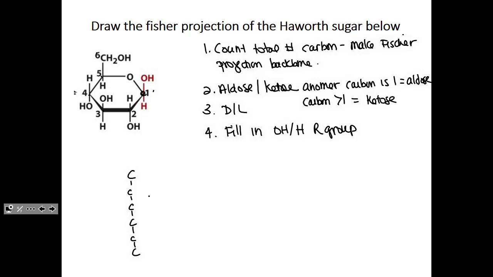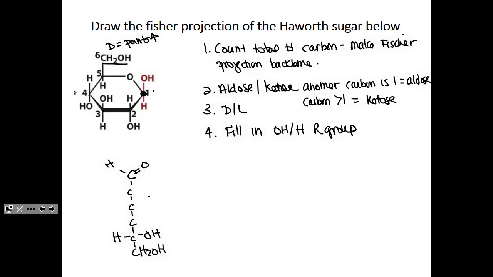So here, our anomeric carbon is located there, and so our anomeric carbon arose from an aldose. We know we have a D sugar because our CH2 group is pointing up. And so we originated from a D group.